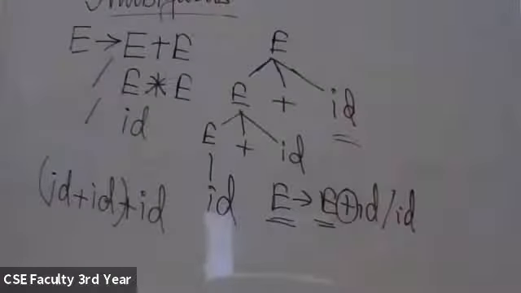So please note down 2 points. If the grammar is left recursive, then the operator will be left associative.